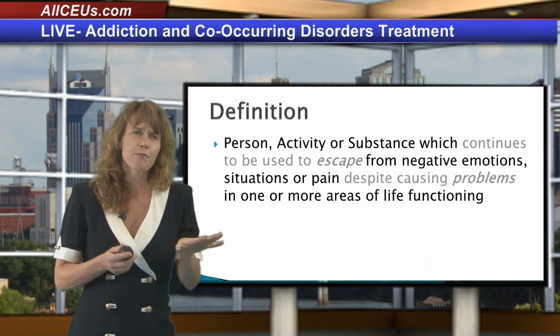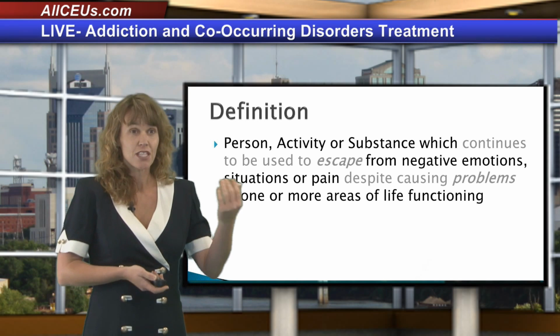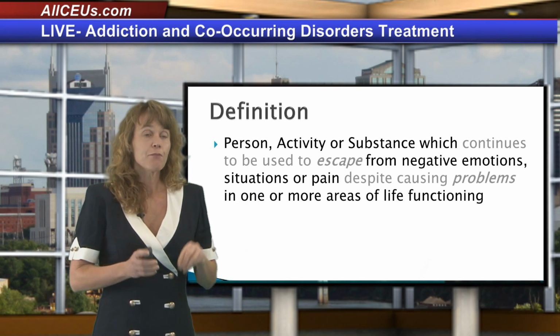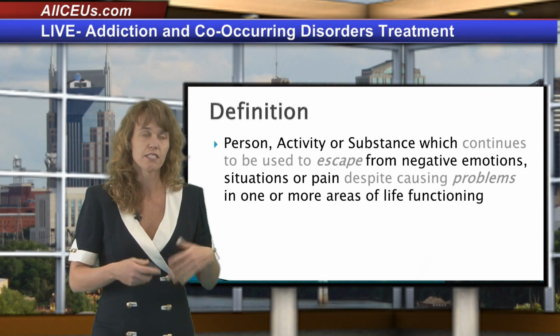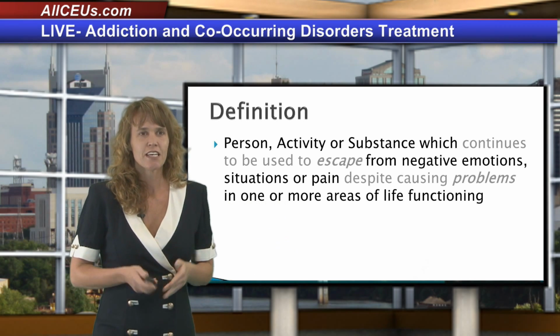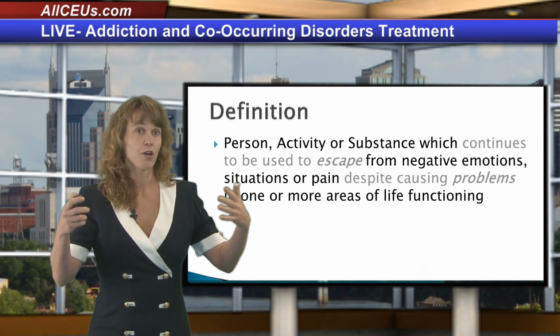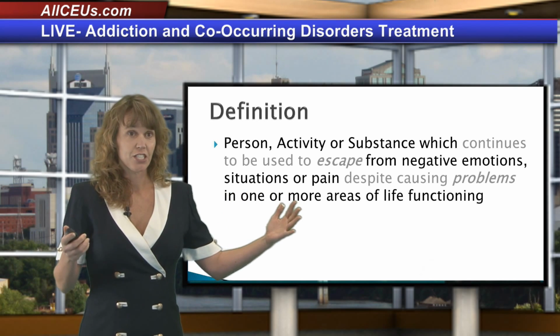So let's go on from here and talk about co-occurring disorders. Remember, I said that person may have a lot of stress they need to deal with. One of the things that we see in most patients with addiction is a co-occurring or several co-occurring disorders. That means things that are going on with that person in one or more domains that may or may not have to do with the addiction.